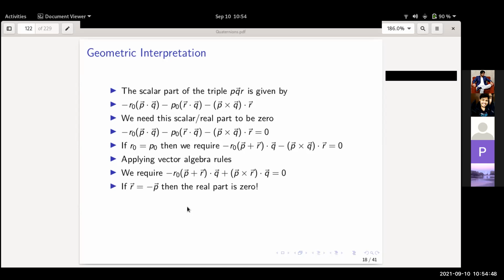The simpler way I am looking at it: from this expression, basically you want this term to be 0 and this term to be 0. If you set R equals minus P, probably you may get whatever you said. Just check it out. If R is minus P, then this is 0, this is 0.